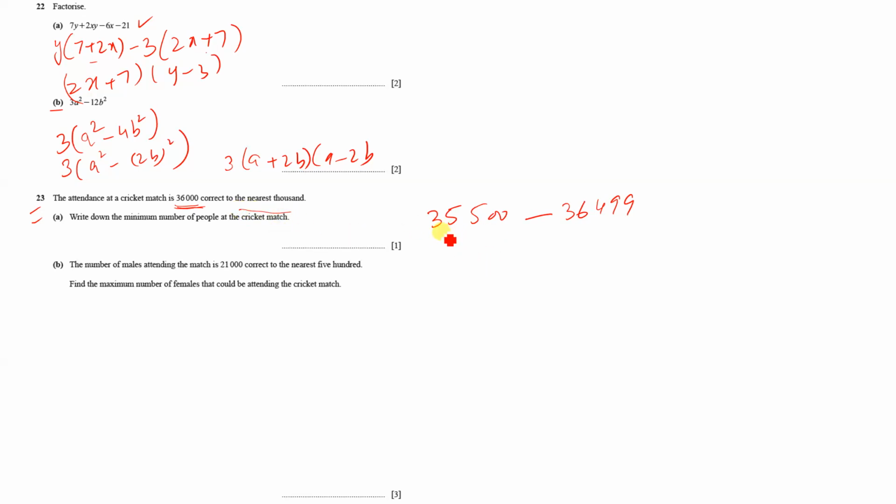So the minimum among this range is 35,500. So the minimum number of people at the cricket match is 35,500.